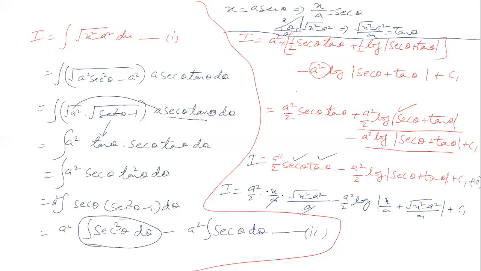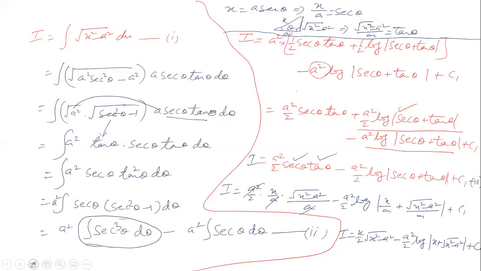A square will cancel out. It would be simply I equals x upon 2 square root of x square minus a square, minus a square upon 2 log of x plus square root of x square minus a square, minus log of a plus C1 will be a new constant, that is plus C.